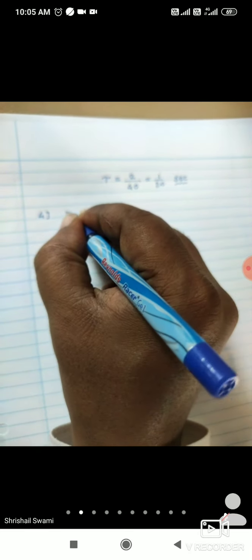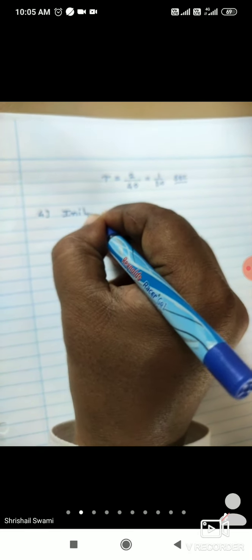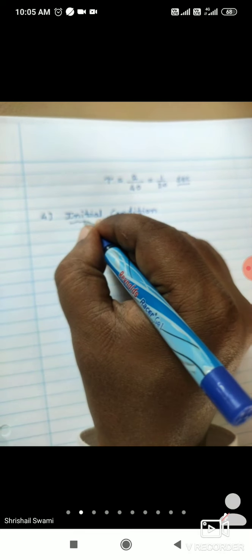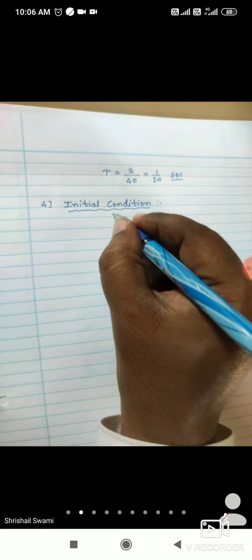So the fourth one is the initial condition. How to find out the initial condition? The initial condition is at t is equal to 0 minus. What is the value of I of 0 minus?